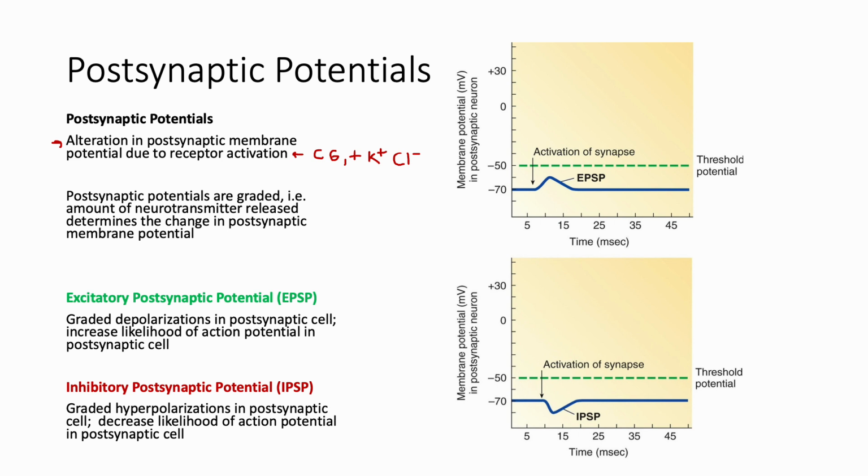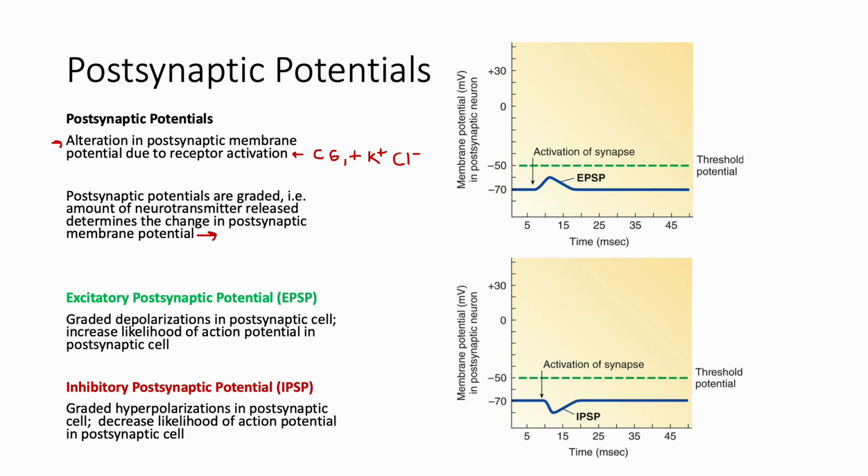So if there is more neurotransmitter released from your presynaptic neuron that binds more chemically gated channels, well, then we're going to have greater changes in our resting membrane potential in our postsynaptic cell, right? So we're going to see greater alterations, I should say, deviations from our resting membrane potential in our postsynaptic cell.